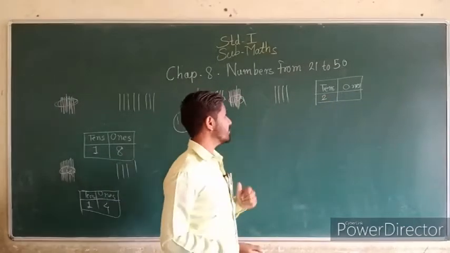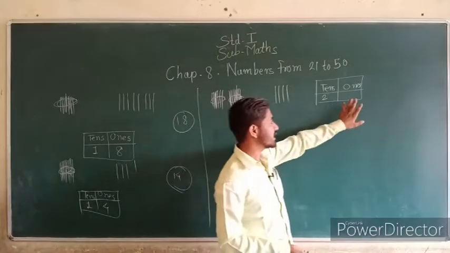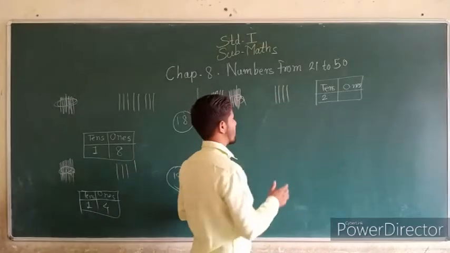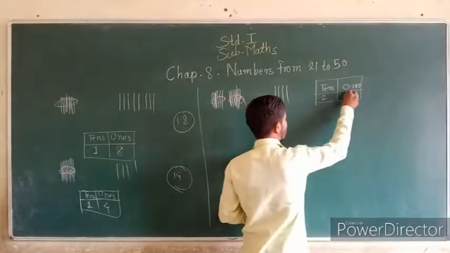Next, how many matchsticks of ones? First we count and after that we write here ones. Start to count. 1, 2, 3, 4 ones. We write here 4.